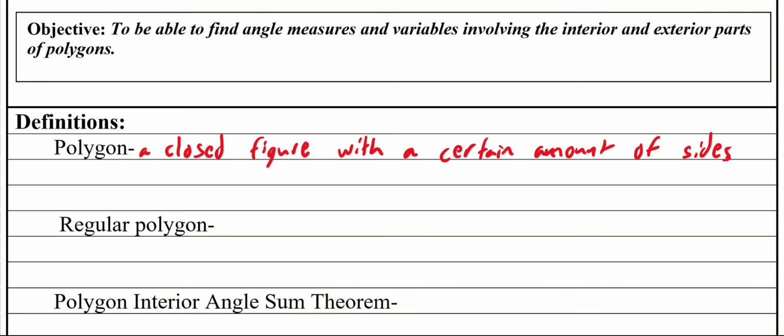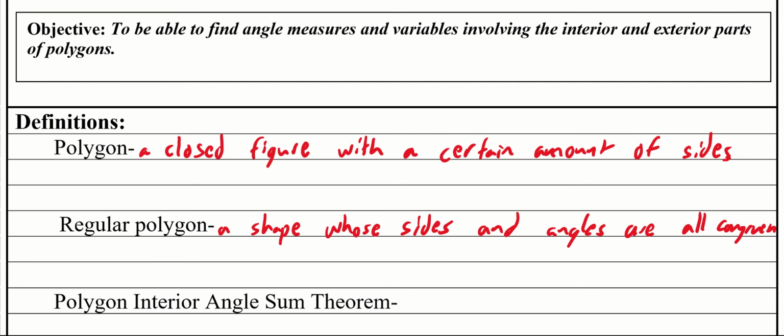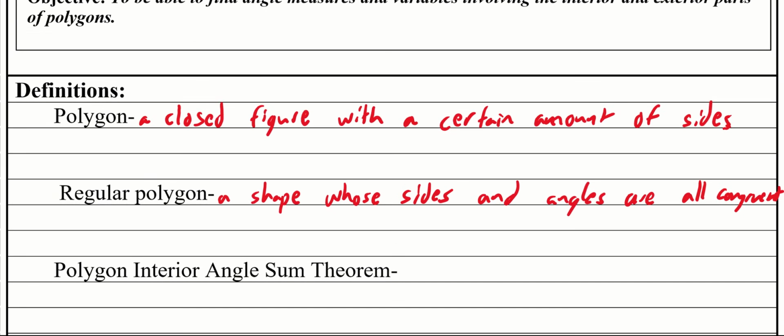Okay, next term that we need to know here is what we call a regular polygon. A regular polygon is a shape whose sides and angles are all congruent.